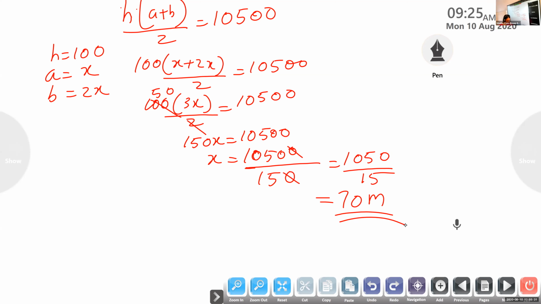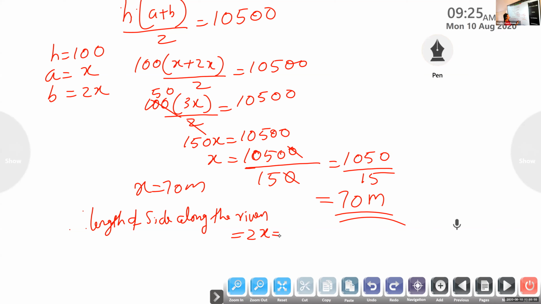Now, what was the question? We need to find the length of the side along the river. We got x as 70. X is 70 meter. Therefore, the length of the side along the river is 2x.